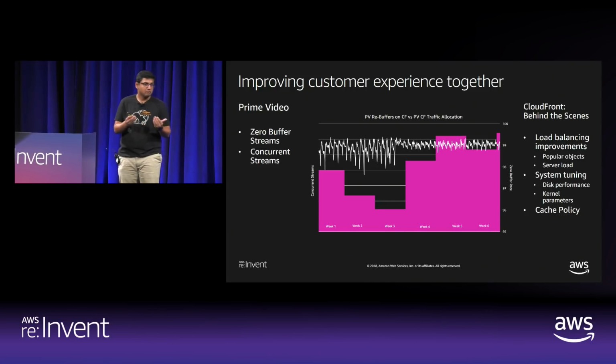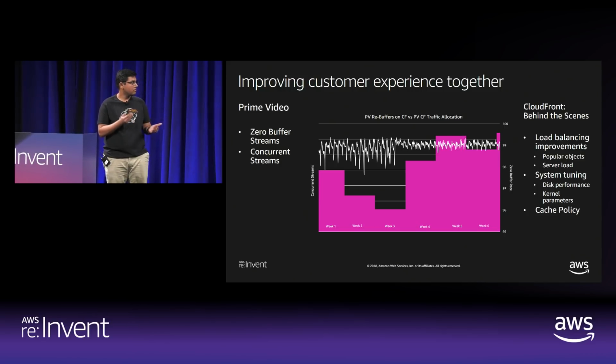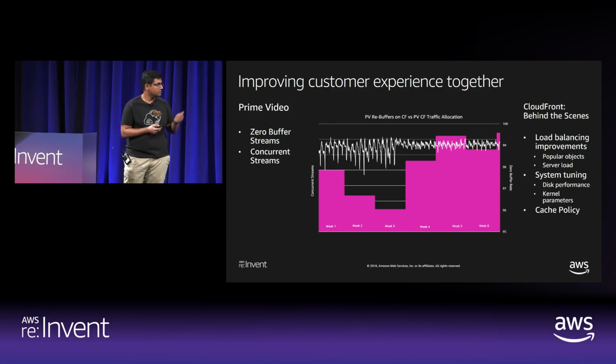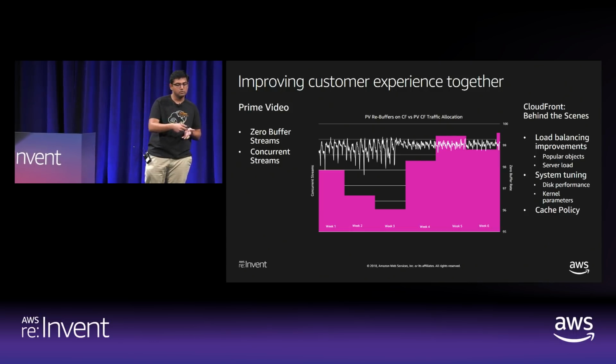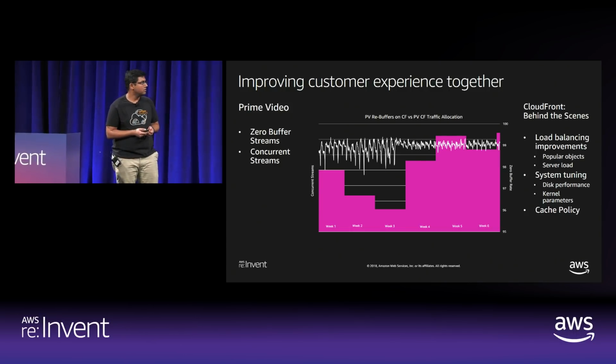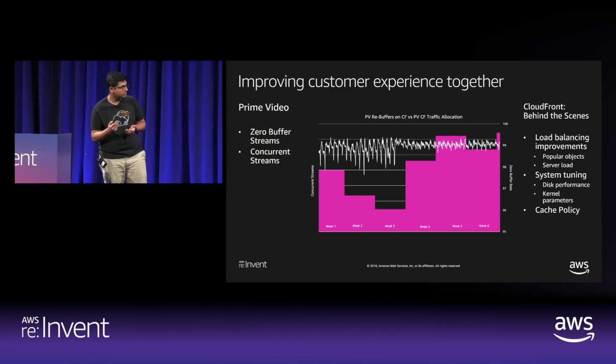So that means that we did not have to be as cautious for the load balancing factors. And once we were able to tune that further, we could improve the experience for the devices and reduce the rebuffer rate significantly. And that, in this case, allowed us to win traffic. So you can see week 4 onwards, we were able to win traffic in the segment.